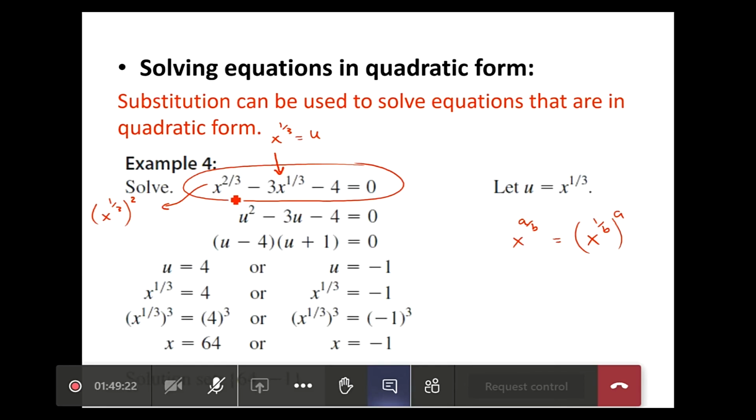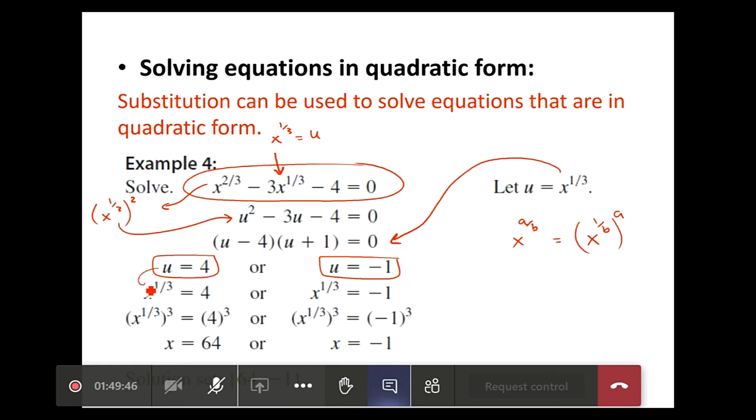So we have u square minus 3u minus 4. By factorization, we have -1 plus 1, so u equal 4 or u equal -1. But u we must replace by x.